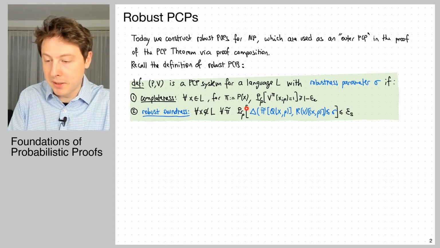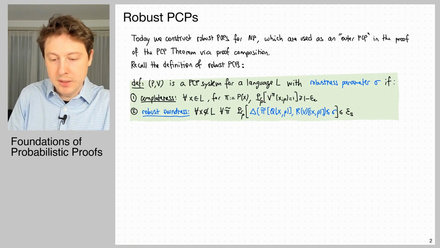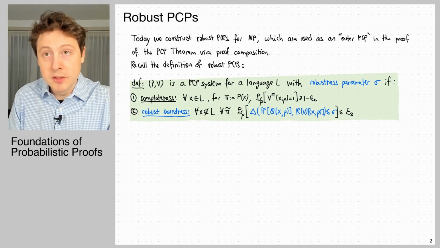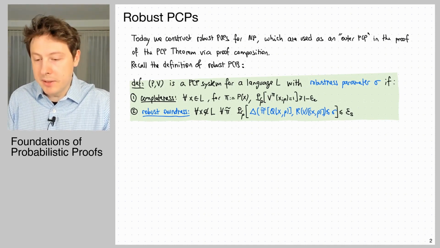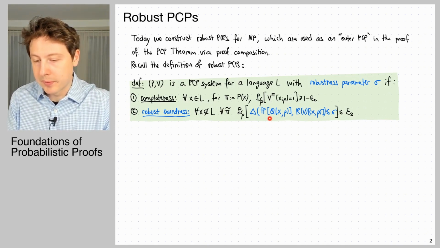First, the completeness is the usual completeness for a normal PCP. What changes is the soundness. It says that whenever you have an instance that is not in the language, whatever PCP you write down, the probability that a local view is sigma close to accepting is small.